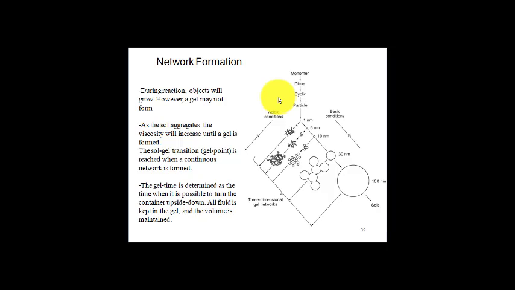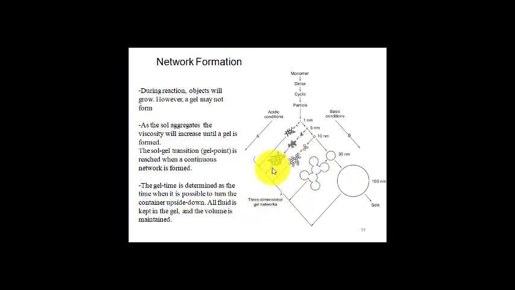So here we have monomer, it is converted to dimer, then cyclic and particle. These are different sizes, 1 nanometer, 5 nanometer, 10 nanometer. So these are acidic conditions and these are basic conditions. We have sols and these sols are converted into three-dimensional gel networks.